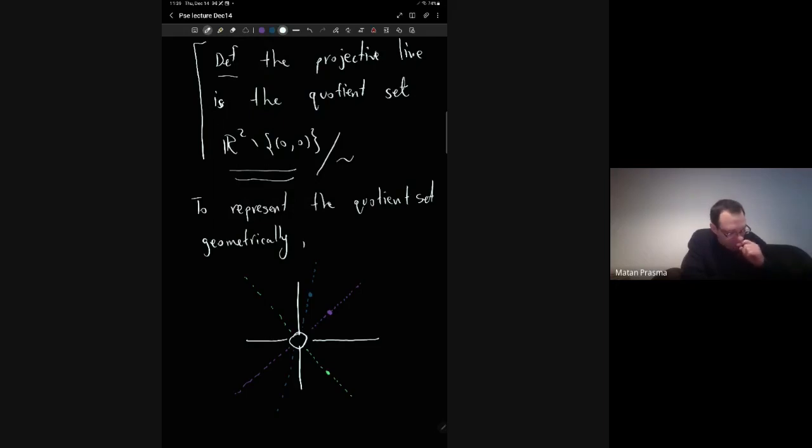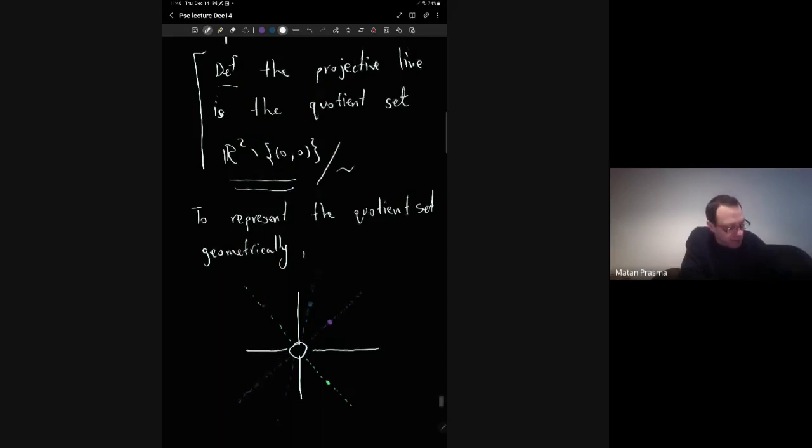How do I represent it? For each line, I can take only the points whose distance from the origin is exactly 1.